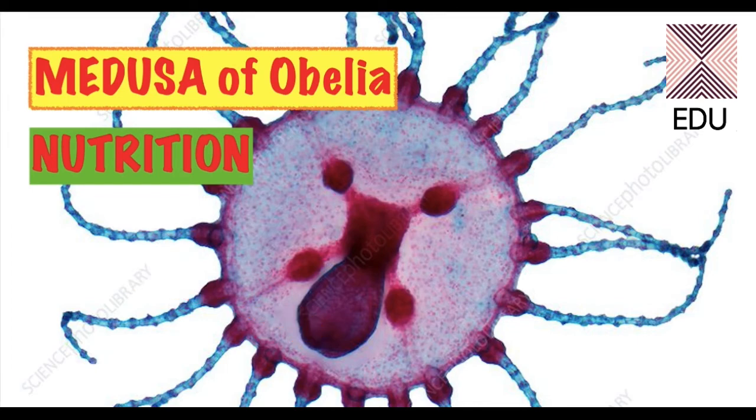After putting the food in the mouth, the food is engulfed into the manubrium. This part is called the stomach of the medusa. Here the digestion of the food occurs with the help of the digestive enzymes, which are given by the gland cells of the gastrodermis.